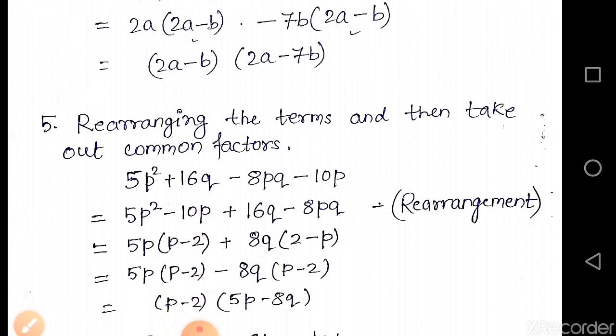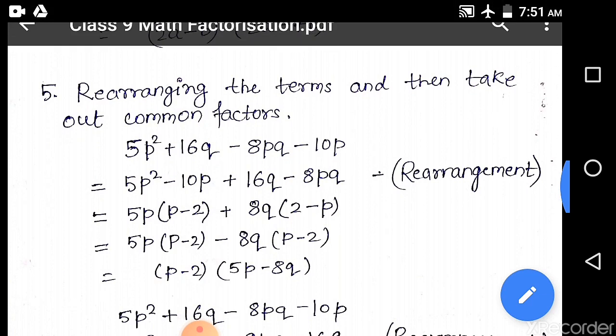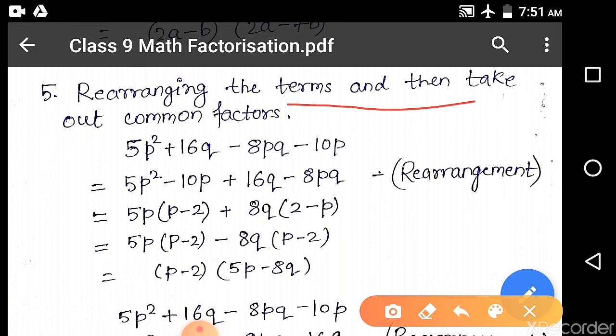Rearranging the terms. We have to rearrange the individual terms in a polynomial and find out the common factor. See, we have the example 5p square 16q minus 8pq minus 10p. After the rearrangement of the terms, see what we replace here.